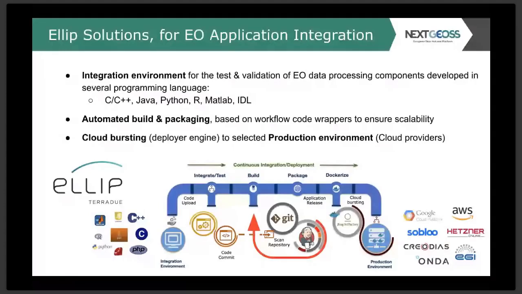Then they will go through a build and packaging process that will prepare the software for its distribution on target production environments. And here, this is where we encapsulate all the SDK and the software library calls to APIs that are needed for the application, like data fetching, querying a catalog, getting the list of products that will be processed, and so on. And also the wrappers that will ensure scalability.